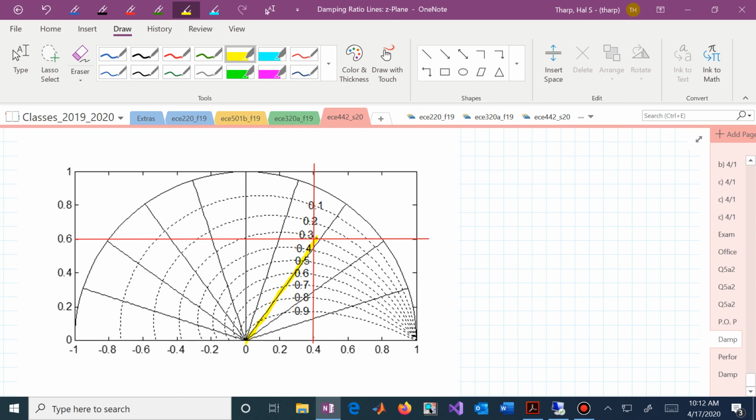That's now r squared is 0.4 squared plus 0.6 squared. And that then would give you the correct r value when you take the square root.